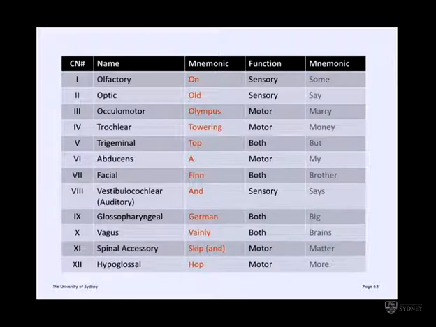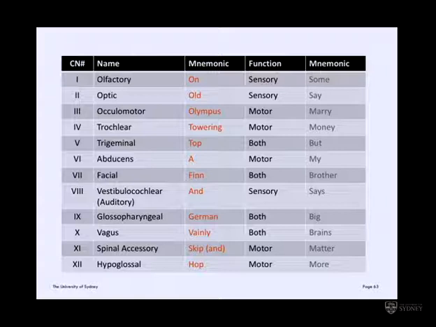They are generally identified using Roman numerals, 1 through 12. Very specific names associated with these cranial nerves. I've stuck in a mnemonic there.